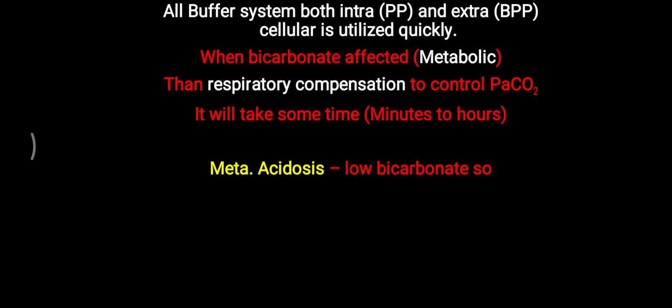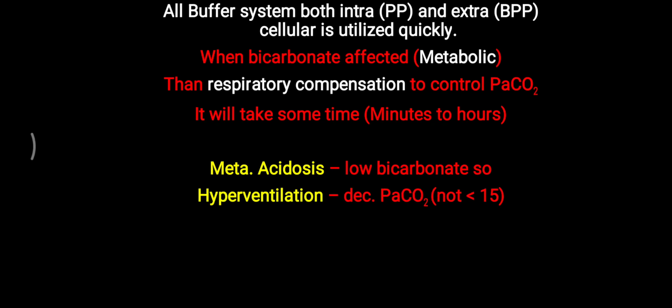Further, in metabolic acidosis, excessive bicarbonate is utilized to compensate for whatever acid is generated. In metabolic acidosis, acid is generated and neutralized with the help of the bicarbonate buffer system. So bicarbonate ion is utilized, and because of that we also have to decrease the partial pressure of carbon dioxide to maintain the ratio of 20.